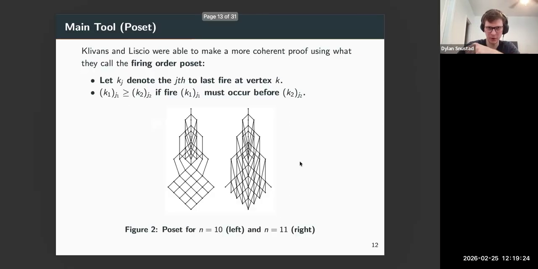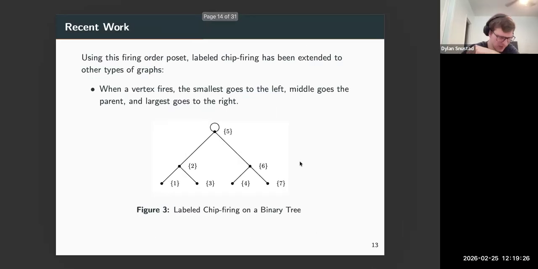So using this poset idea has been interesting. There have been recent works, I think in 2023, where Musiker and Nguyen extended this idea of chip firing on the infinite path graph to working on binary trees. They essentially created a new rule where, when a vertex fires, say I'm starting at the top and I fire my vertex here, the smallest chip will go to the left.